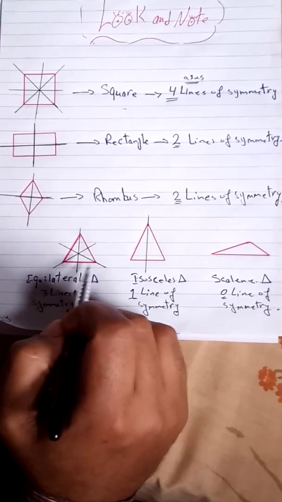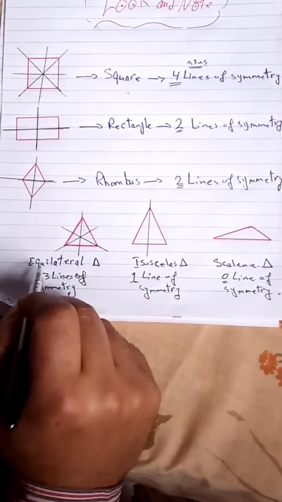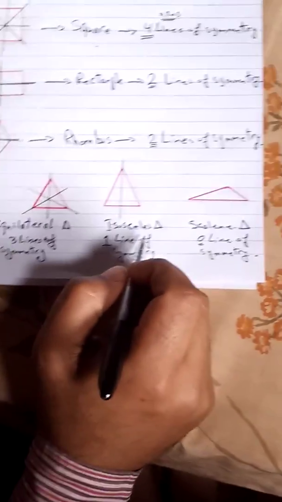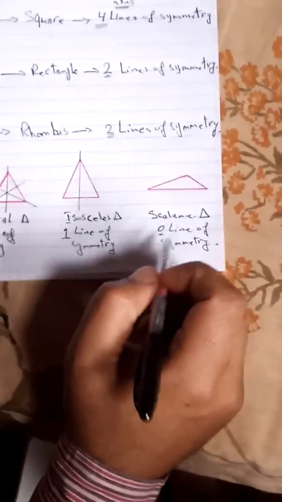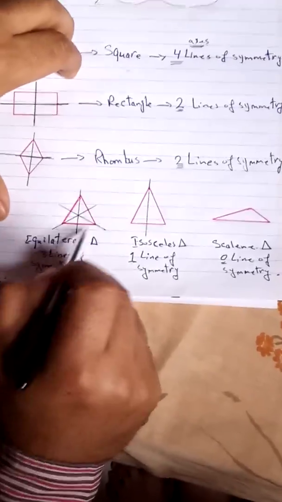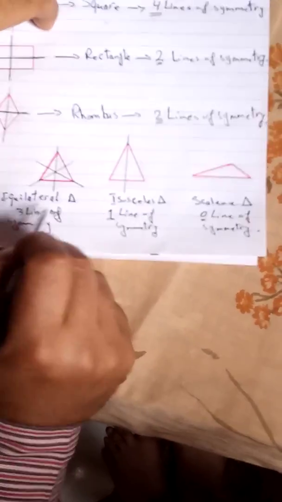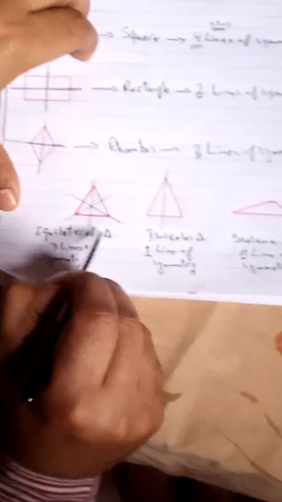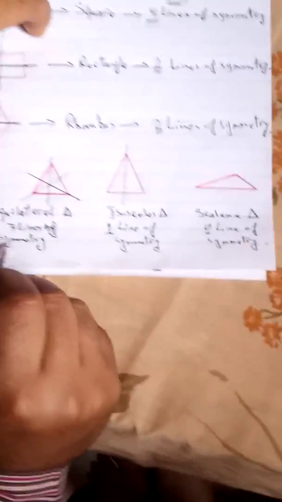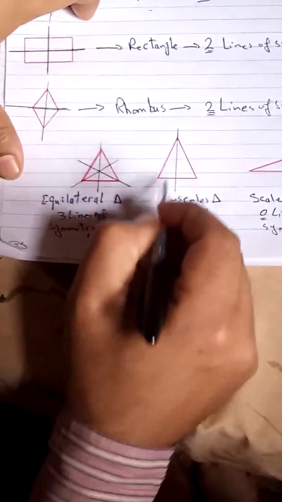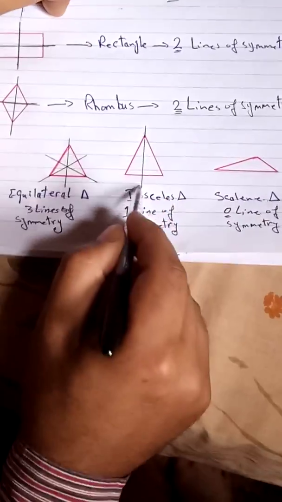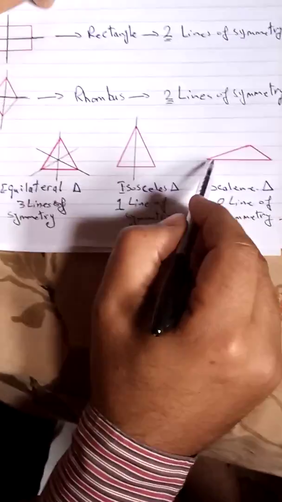Now about triangles, we know we have 3 types: the equilateral triangle, the isosceles triangle and the scalene triangle. The equilateral triangle has 3 lines of symmetry. The isosceles triangle has just 1 line of symmetry.